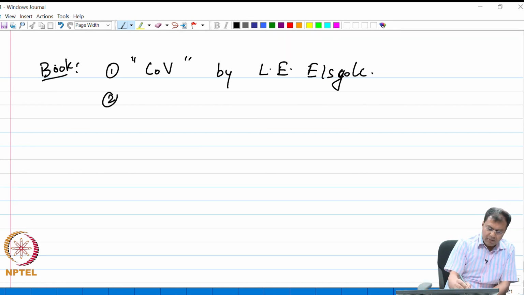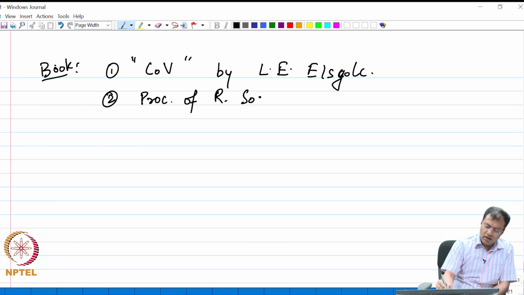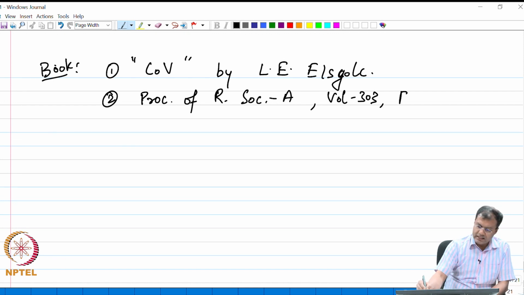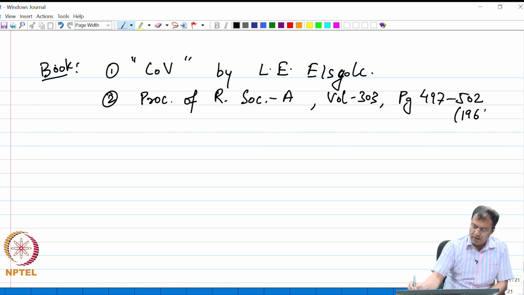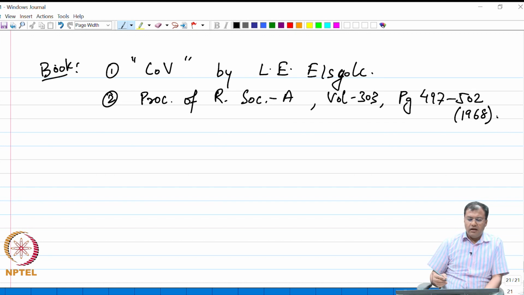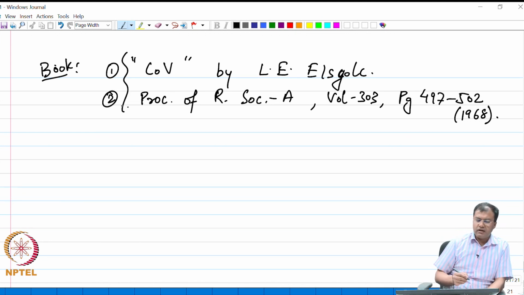And then there is another paper in Proceedings of the Royal Society A, volume 303, page 497 to 502, and this is a very classic paper from 1968. This mentions some of the numerical methods for the Euler-Lagrange equation.